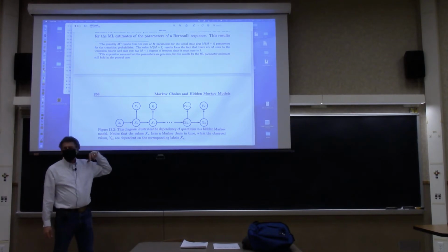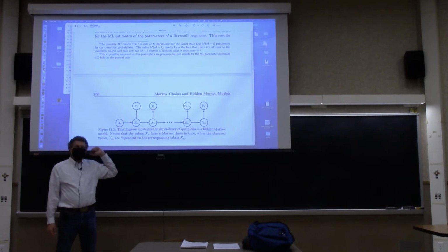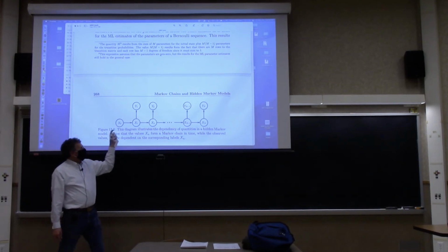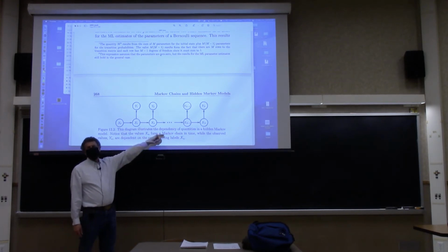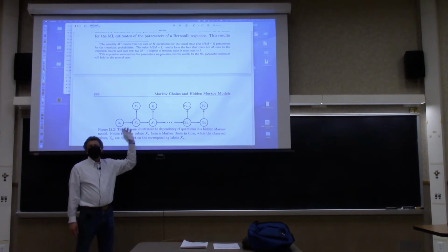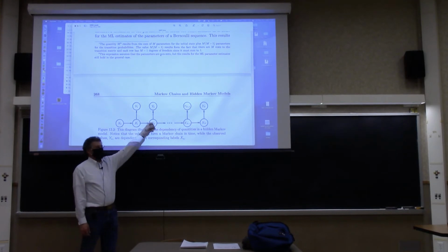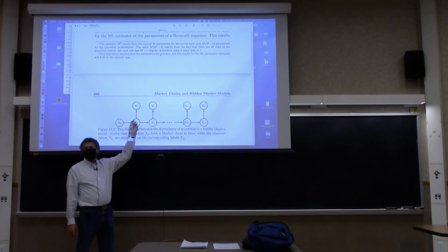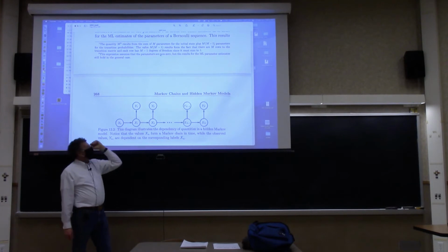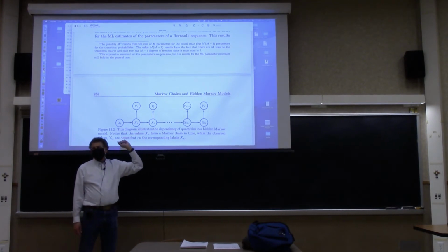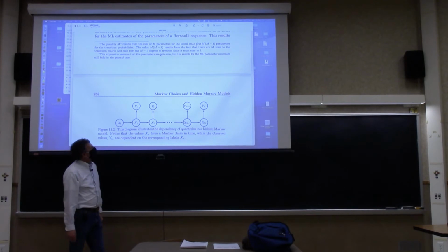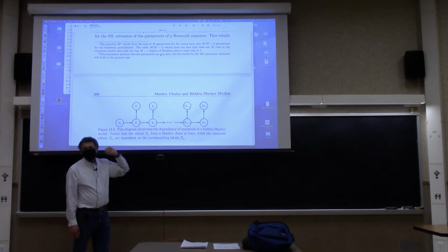If you have a recurrent neural network, it's essentially like a generalization of this, because in a recurrent neural network there's inevitably a state, and each new state depends upon the previous ones. So it's essentially a generalization, although the state may be continuous instead of discrete. And then there's some kind of observation.